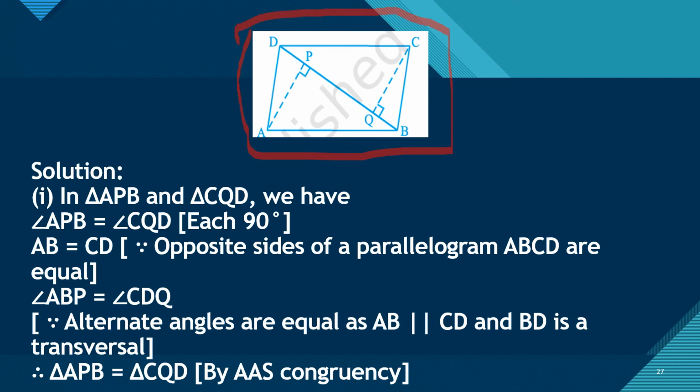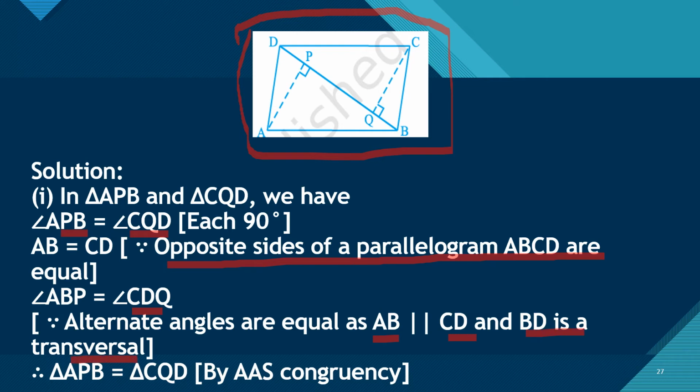Solution. In triangle APB and triangle CQD, we have angle APB is equal to angle CQD, each is 90 degrees. AB is equal to CD, as opposite sides of parallelogram ABCD are equal. Angle ABP is equal to angle CDQ, alternate angles are equal as AB is parallel to CD and BD is a transversal.